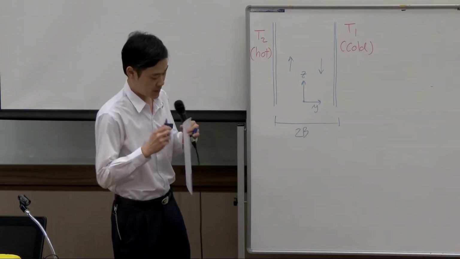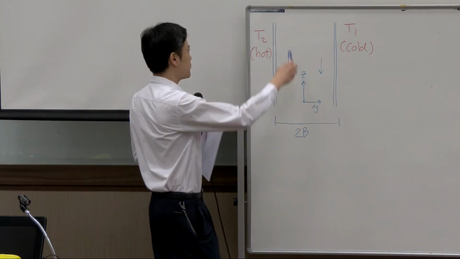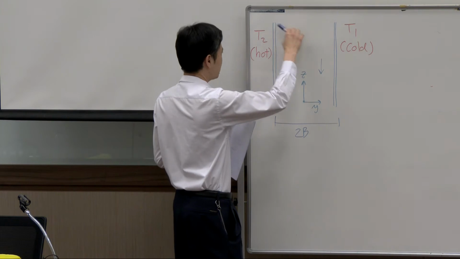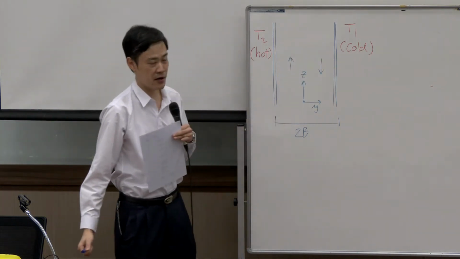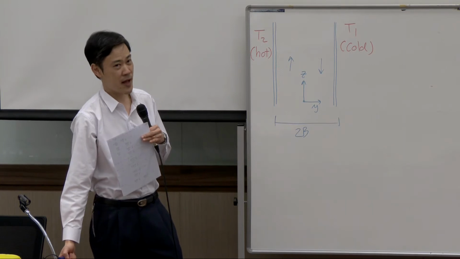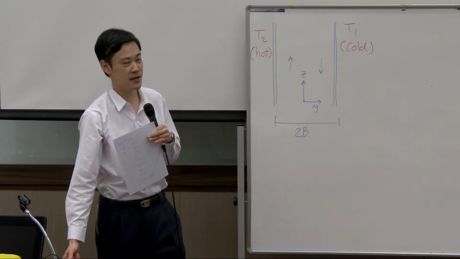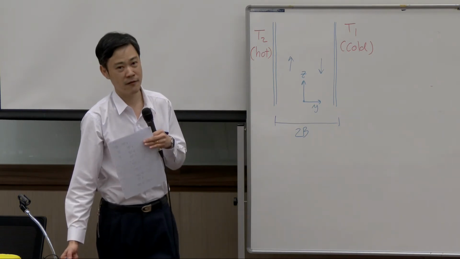Okay? If you imagine the temperature profile, then it's supposed to go down from the left to the right. It can be linear, it can be non-linear. Okay? If you imagine the temperature profile to be linear, that means you are ignoring fluid movement.